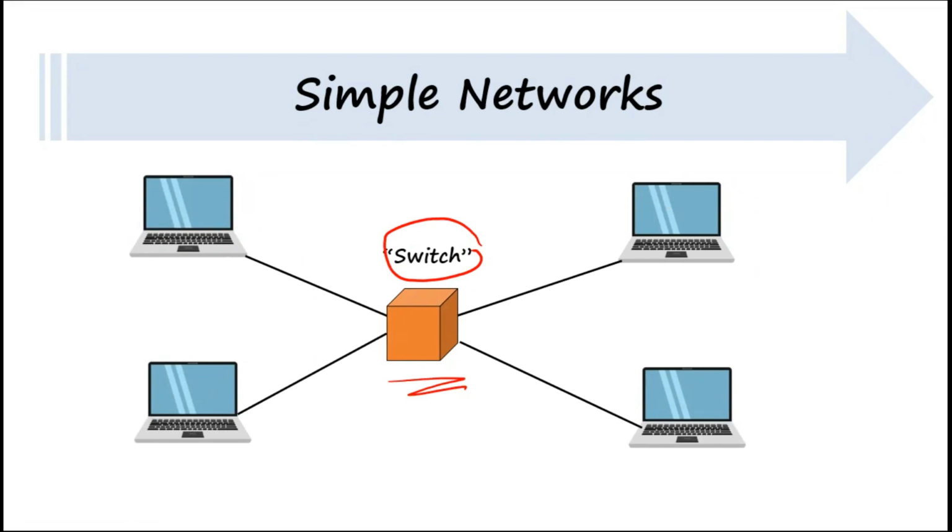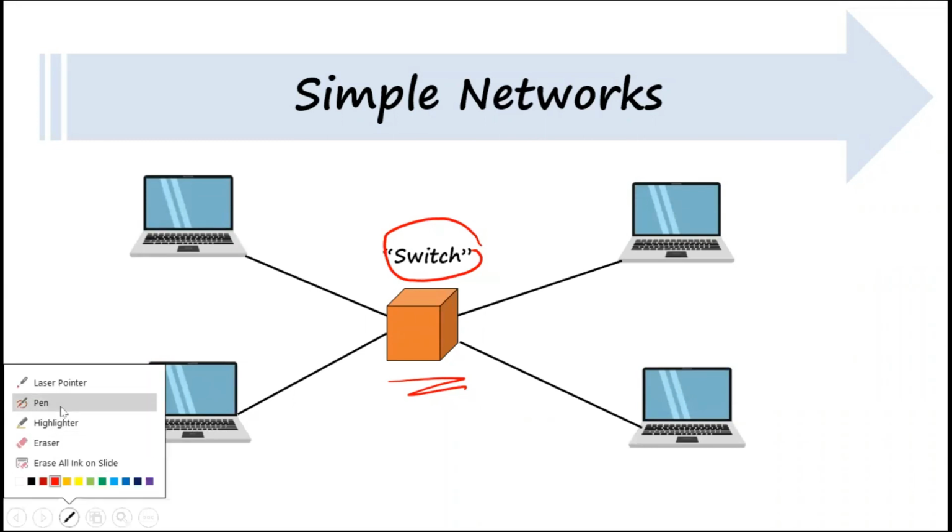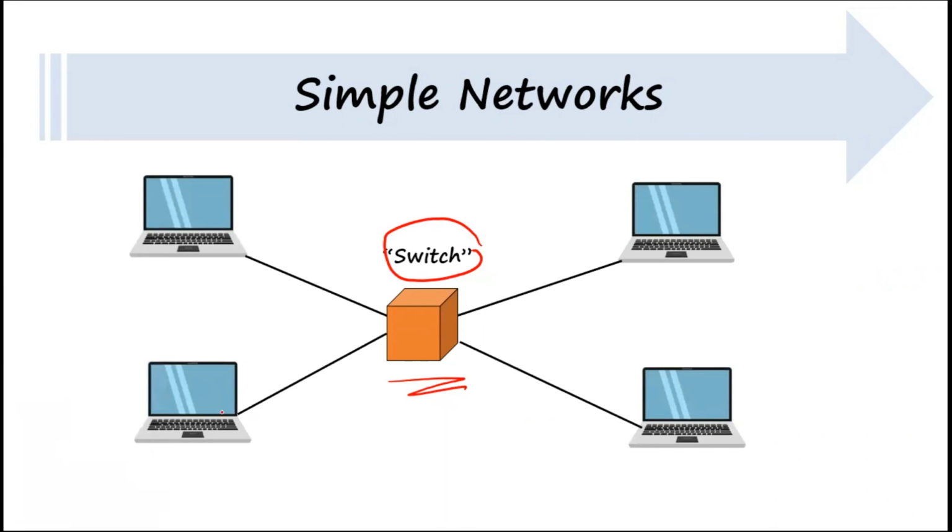Now, the switch is responsible for routing information from one place to the other. So how does this happen? Suppose a computer at the bottom left wants to get in touch with this computer. How would this happen? First, it would send the data to the switch.